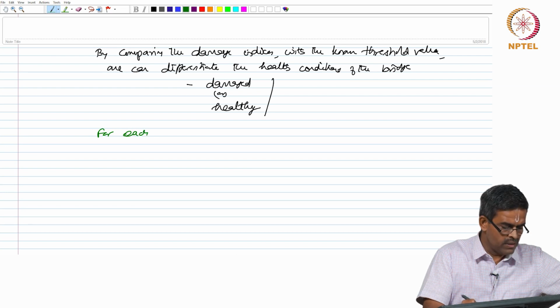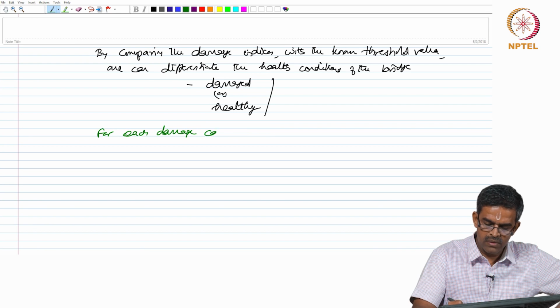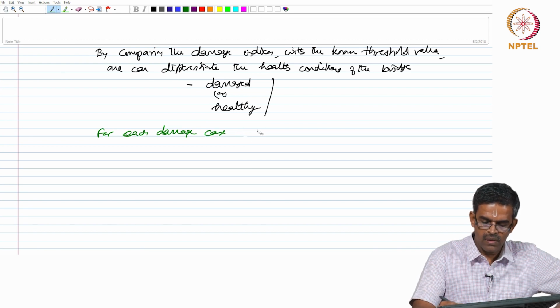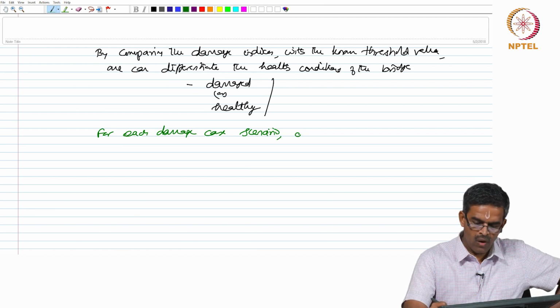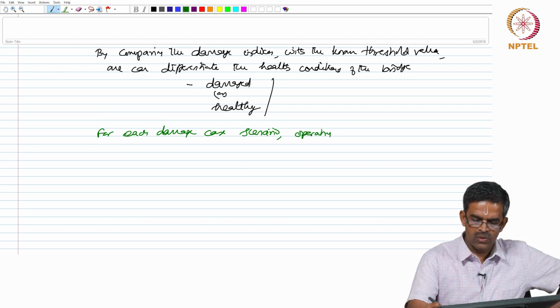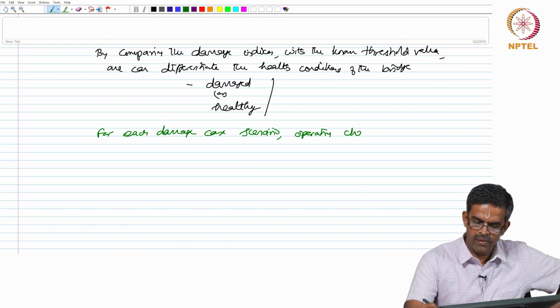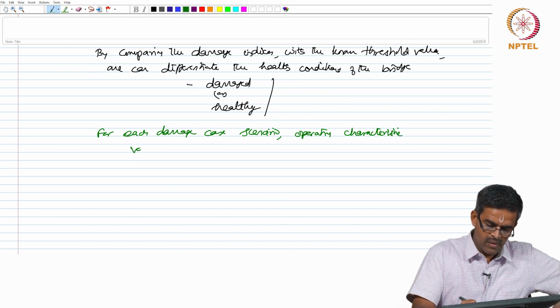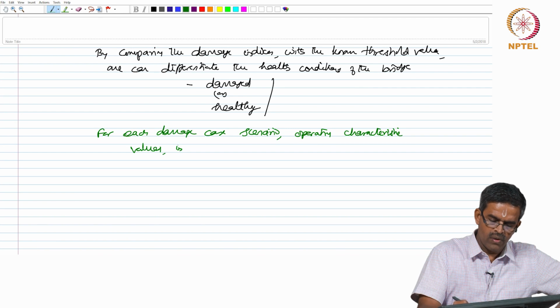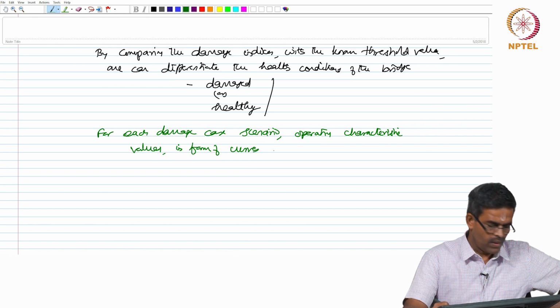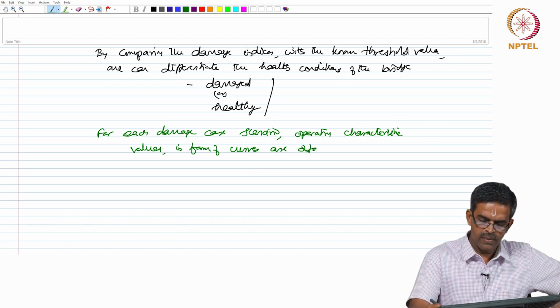For each damage case scenario as seen above, operating characteristic values in the form of curves are obtained.